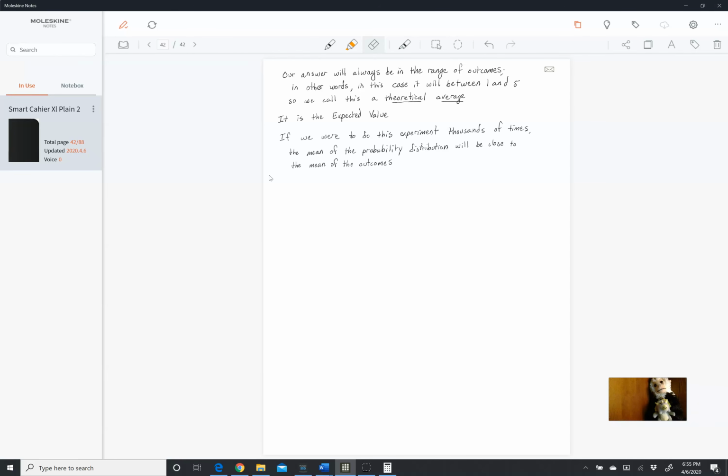In other words, in symbols, what we're saying is the sum of x times p of x is going to be very close to the sum of x over n, where we're saying that n is equal to the number of outcomes.